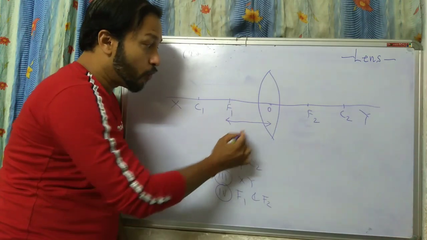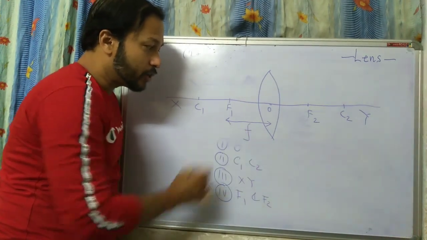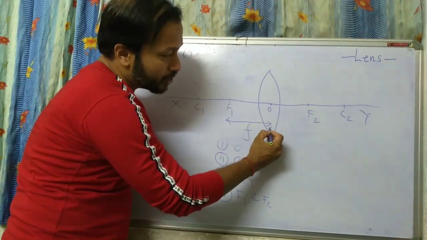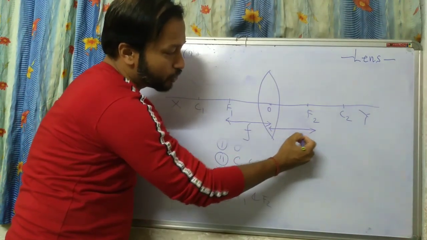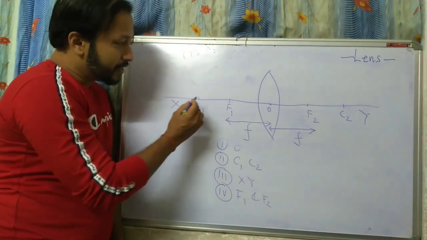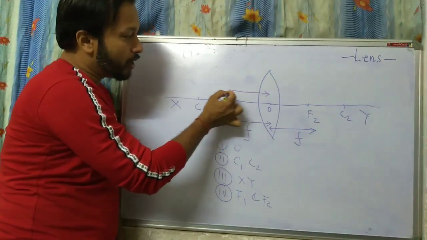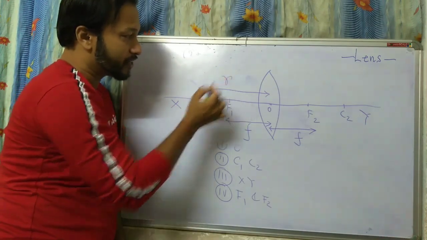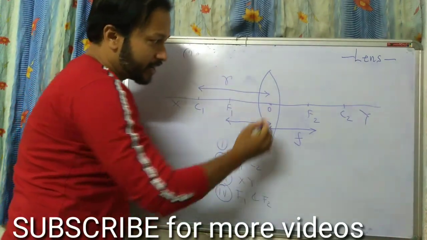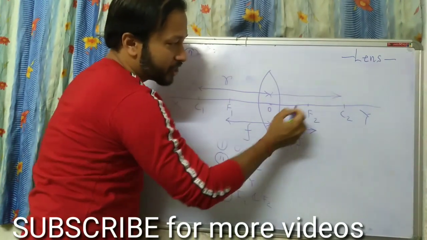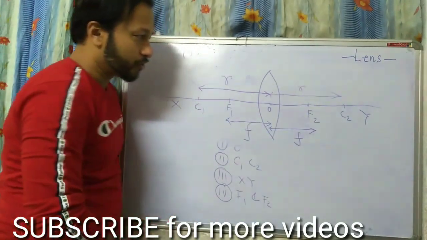Got it? Now, the distance between F1 and O is called focal length. We denote it by small f. And the distance between O and F2 is also called focal length. The distance between pole and center of curvature is called radius of curvature. In the same way, the distance between pole and the other center of curvature is also called radius of curvature.